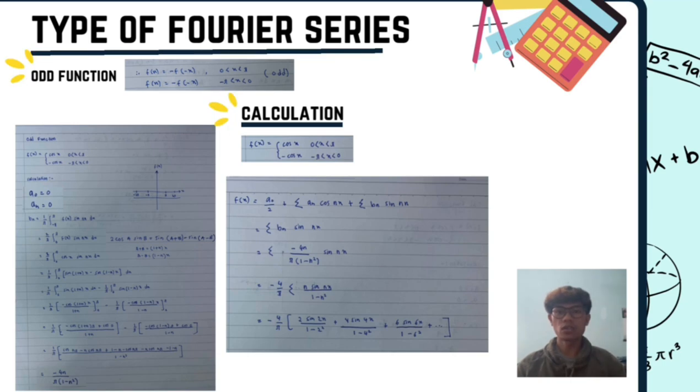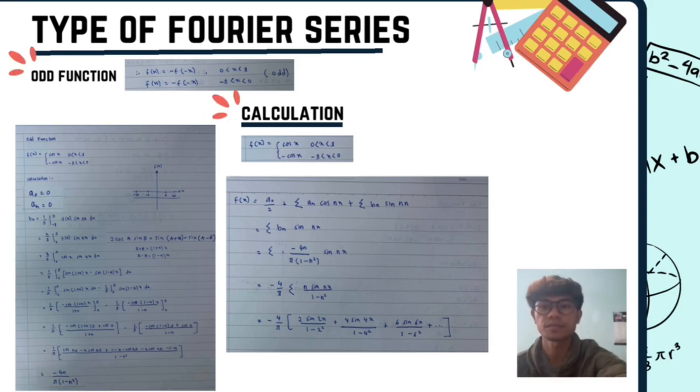We can now conclude that A0 and An are equal to 0, and we only have to calculate the coefficient of Bn. To calculate the coefficient of Bn, we have to apply the trigonometric identity 2 cos A sin B is equal to sin(A plus B) minus sin(A minus B).